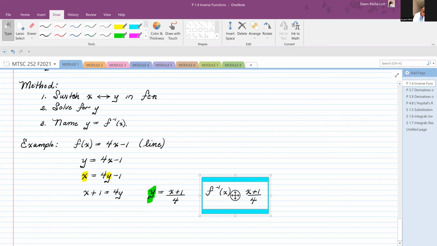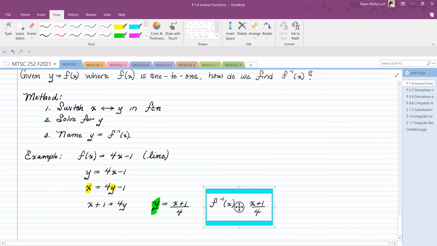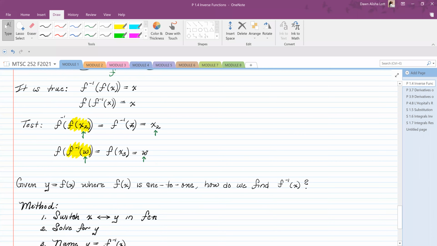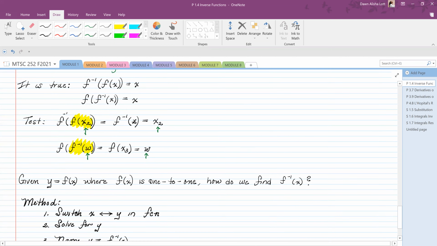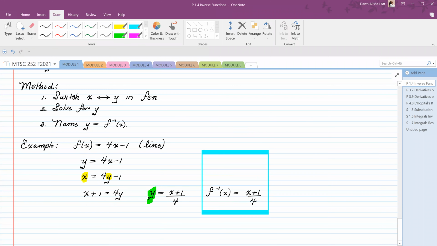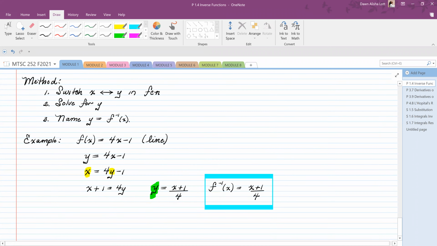Okay, so what did we say before? We said that f inverse of f of x is x, and we said that f of f inverse of x is x. So let's prove it to ourselves. Okay.